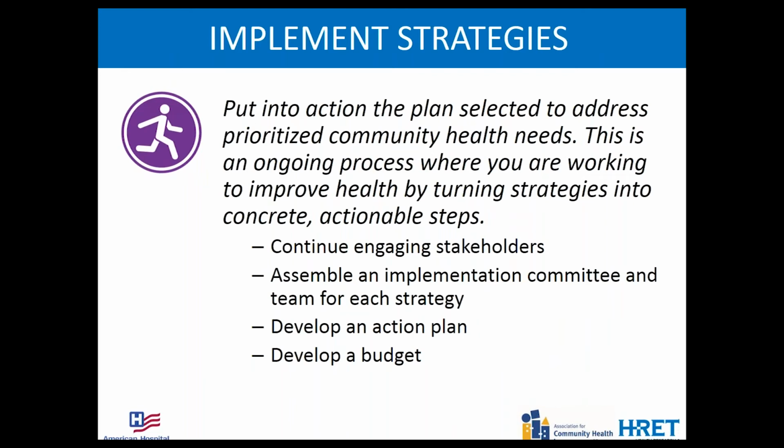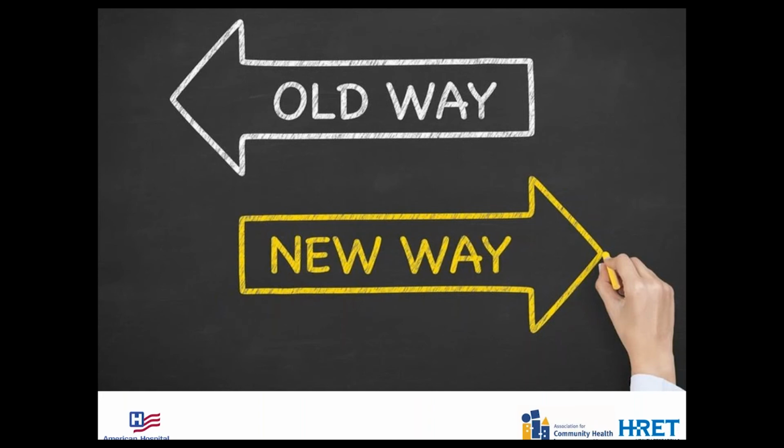So that is really the work that gets done in the 3 years in between the assessments, and really where we'll start seeing impact in the health of communities. So to wrap up, we're in a new world of healthcare, and regardless of what happens with the ACA, we are moving in this direction towards thinking about value and population and community health, and how we can keep people healthy.